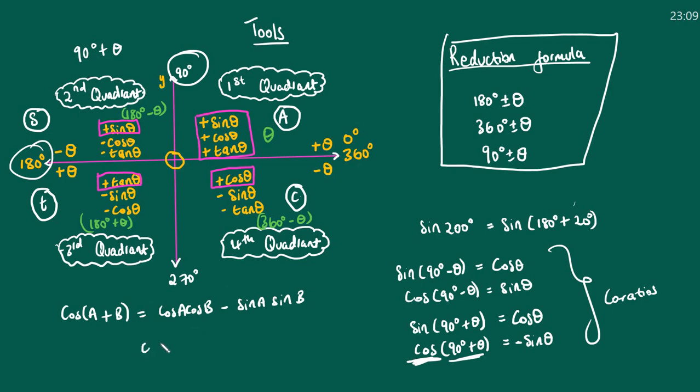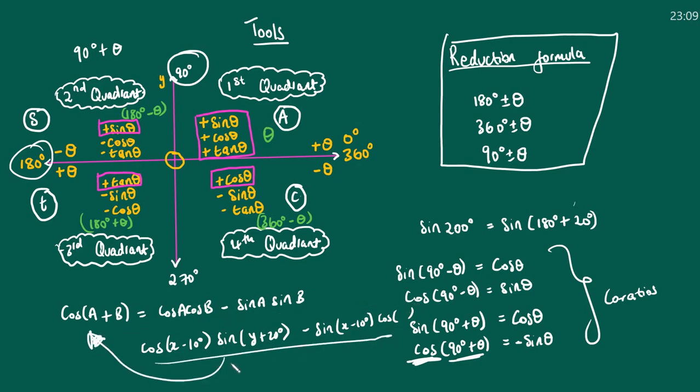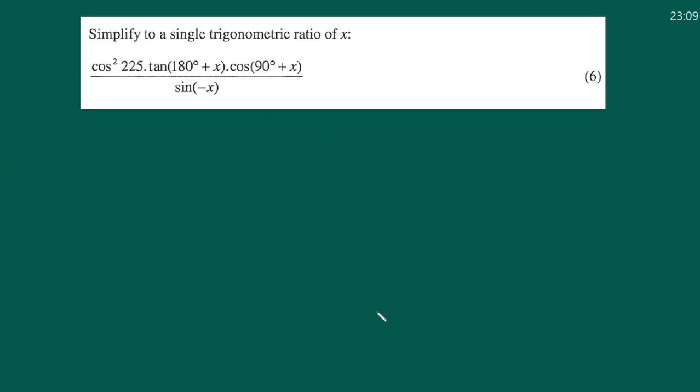Like if I give you cos(x minus 10 degrees) and sine(y plus 20 degrees), minus sine(x minus 10 degrees), times cos of a certain angle. Usually an expanded version like this is a giveaway that we must remember our compound angle formulas. Okay, let's have the first one, guys.